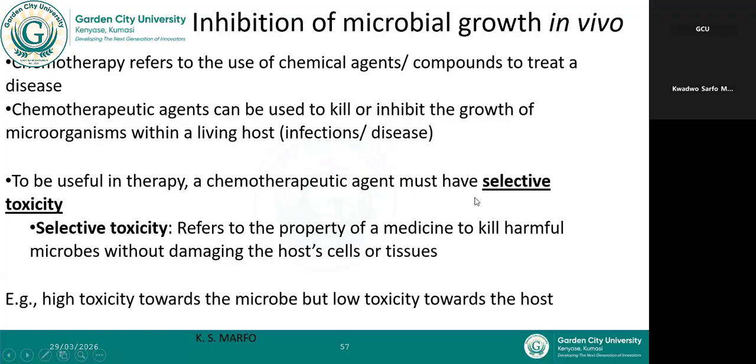And this chemical agent that is used to kill or inhibit the organism should not also kill the host. So selective toxicity should be considered where the host is not harmed, but the microorganism is killed or harmed.